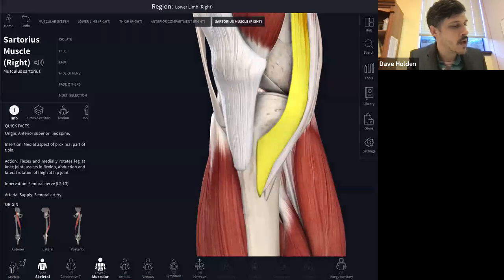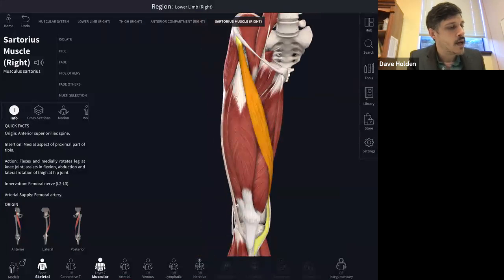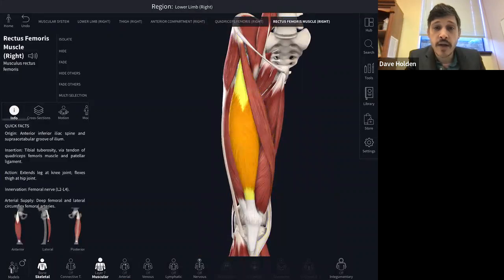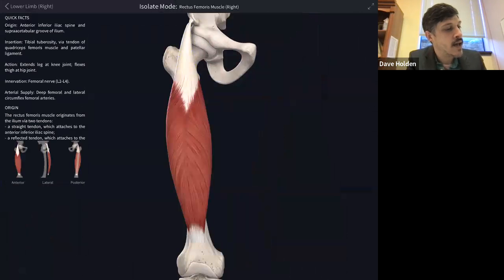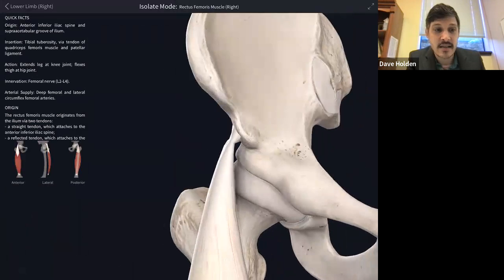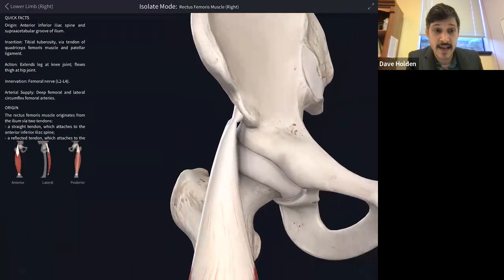All right. So let's look at quadriceps. We said rectus femoris is the only quadricep that crosses the hip. Let's take a close look at this one. There it is, starting at the AIIS. So it does, in fact, cross that hip joint.